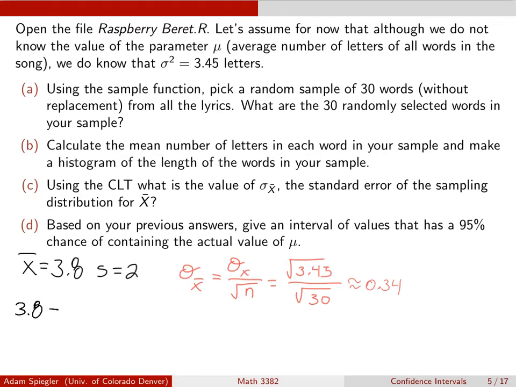So my sample mean is 3.8. And if I go 1.96 times the standard error for the sampling distribution, that gives me an approximate value that comes out to be approximately 3.13.